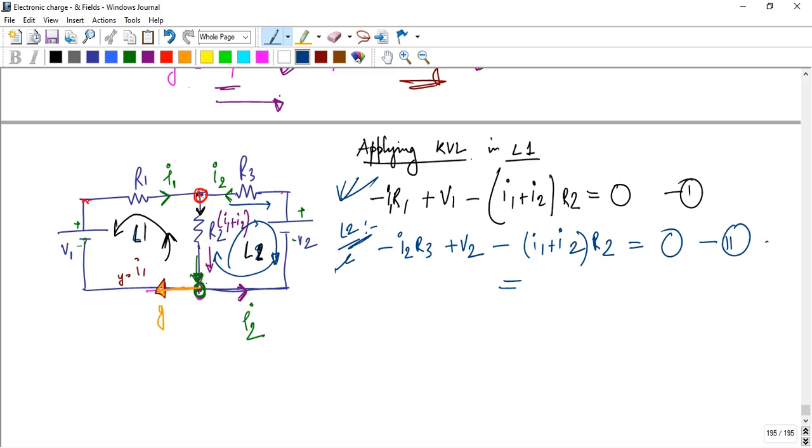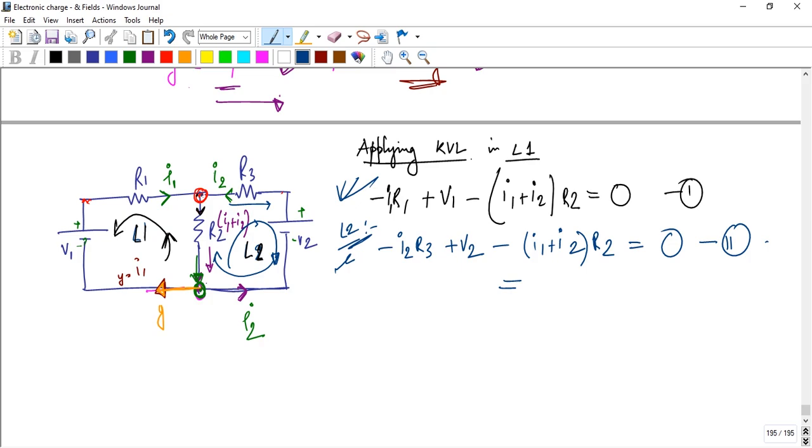If you practice more, solving this is very easy. With two linear equations, use the elimination method, cross multiplication method, or substitution method, whatever you want, and then you get a correct result.